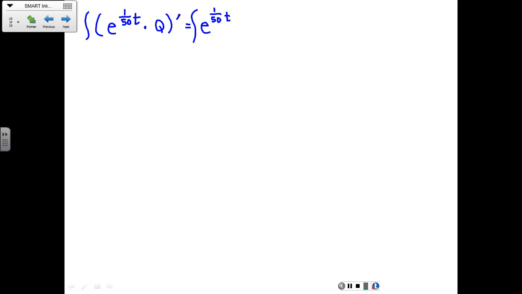Integrate both sides. What's the integral going to be on the right side? Good job. Plus C. So my Q is equal to what?